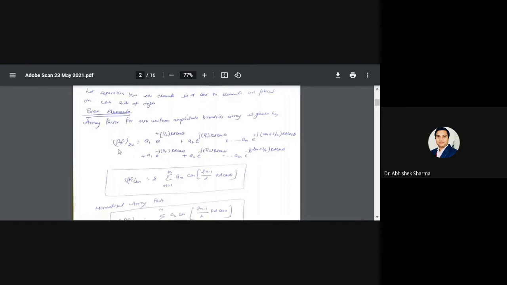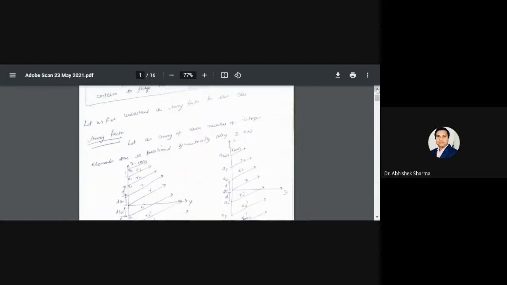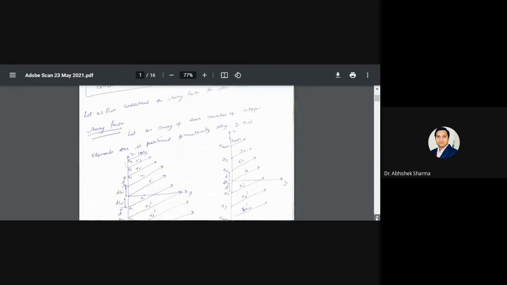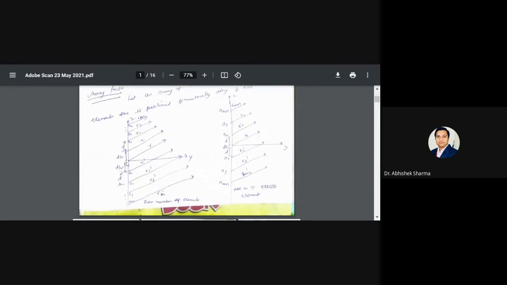So this is the array factor in case of even elements because of the elements which are above the origin and below the origin.